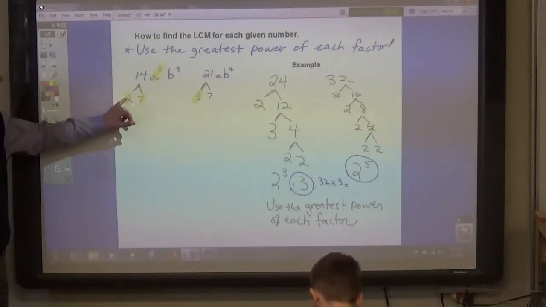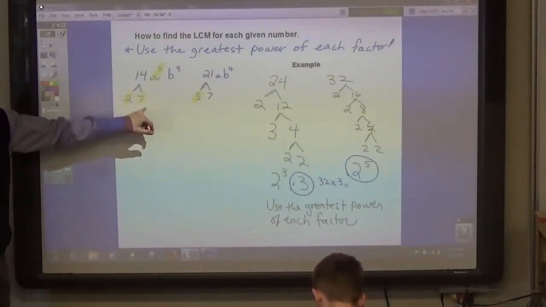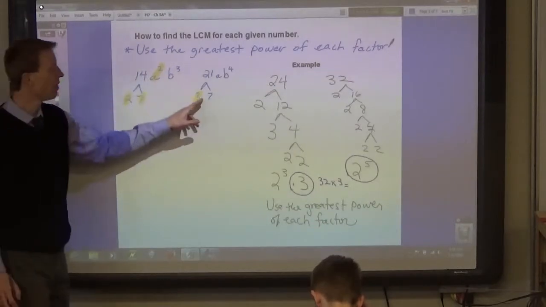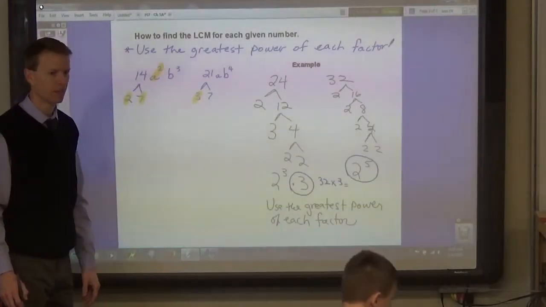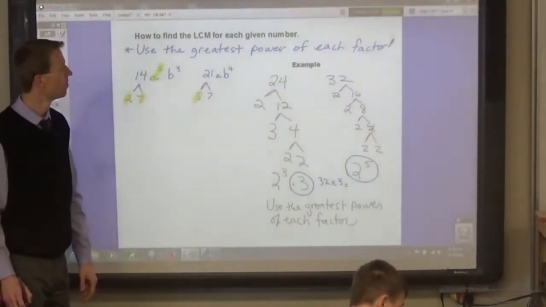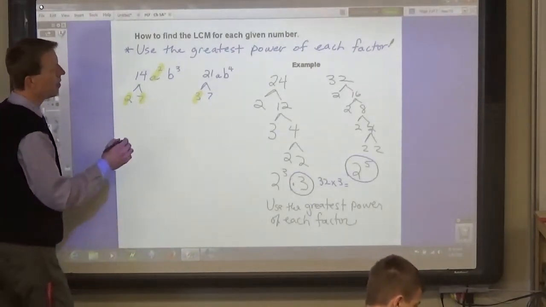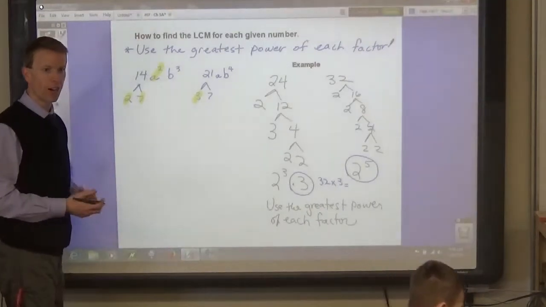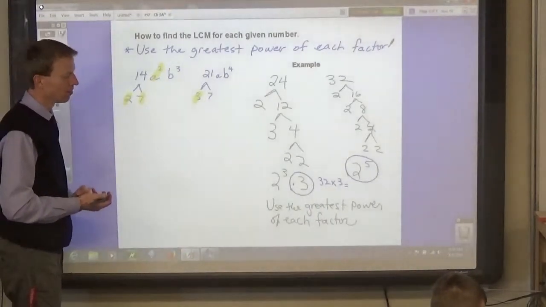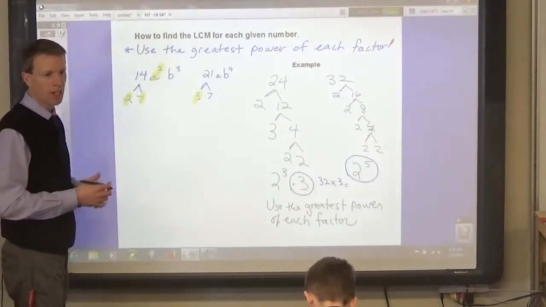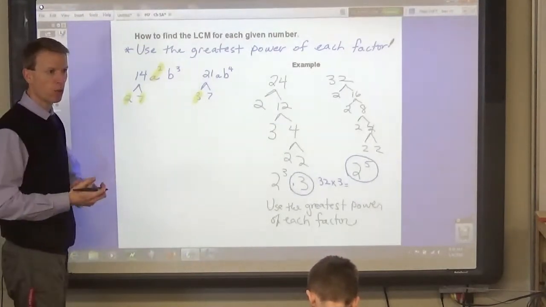When you factor 14, you get 2 and 7, right? And when you factor 21, you get 3 and 7. You have to use the greatest power of each of the factors to get the lowest common multiple, in other words, the lowest number that both numbers will go into.